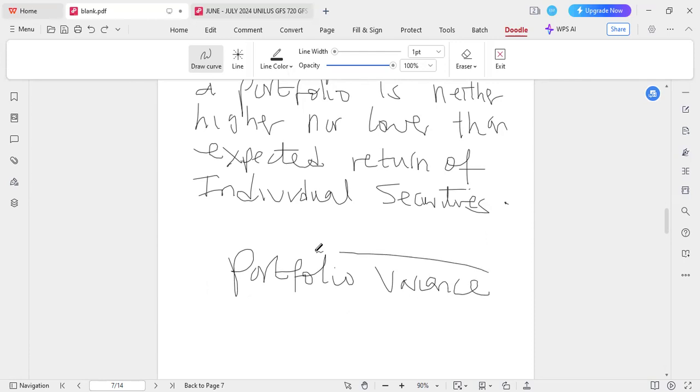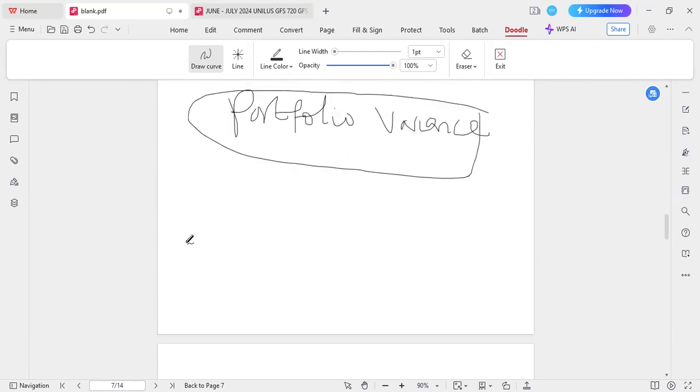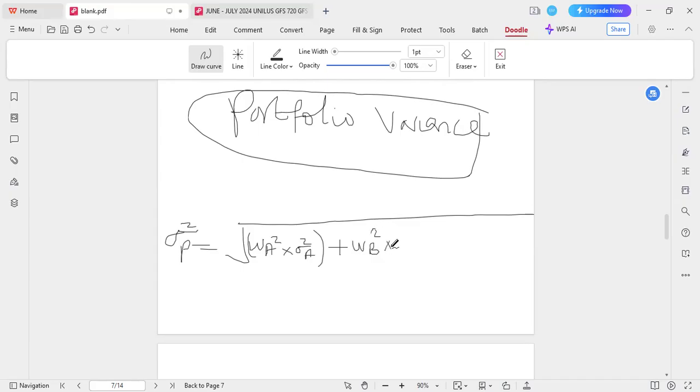Okay, so variance of a portfolio is equal to weight of A squared multiplied by variance of A, plus weight of B squared multiplied by variance of B, then plus 2 multiplied by weight of A multiplied by weight of B multiplied by covariance of A and B.